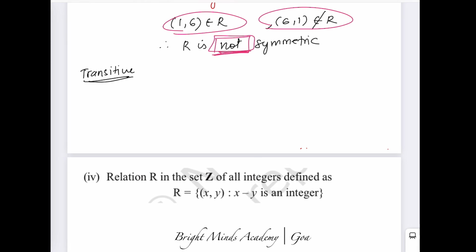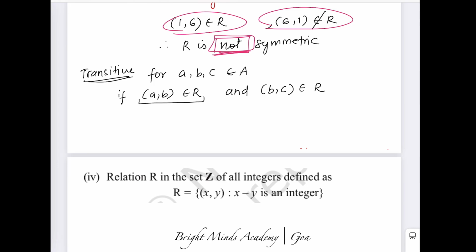We'll quickly see this. We'll see for A, B and C belonging to the set A. We'll assume that (A, B) belongs to the relation R, and we'll assume that (B, C) also belongs to the relation R. Now what does this mean?